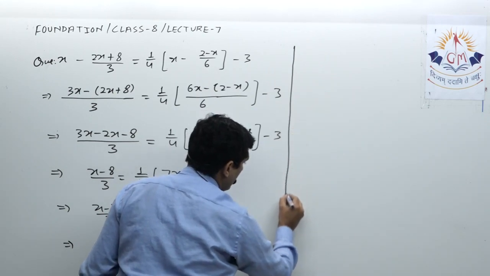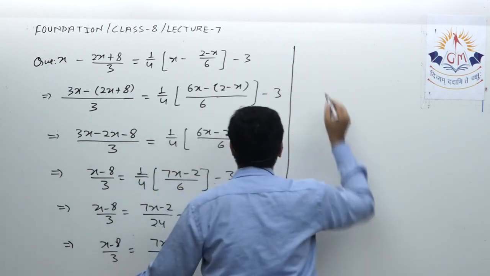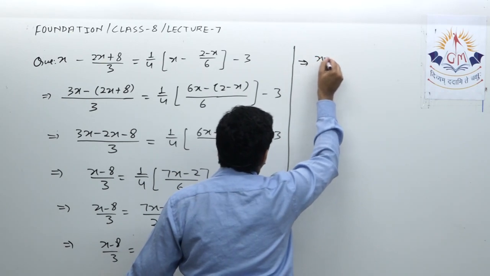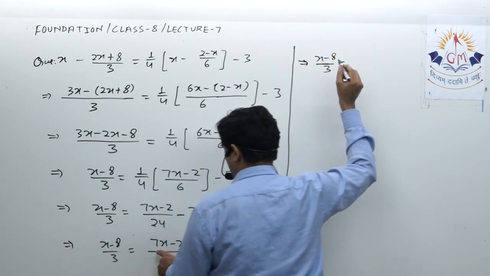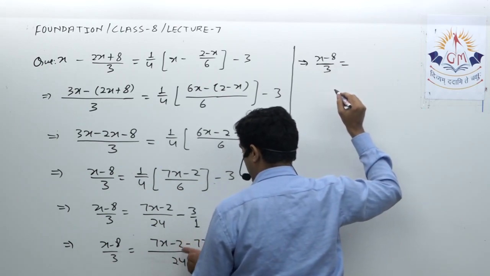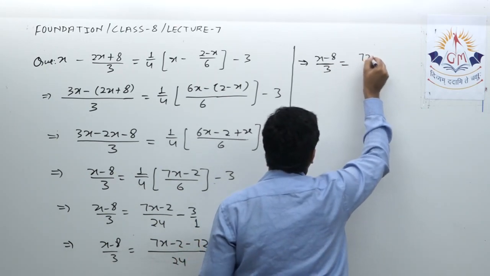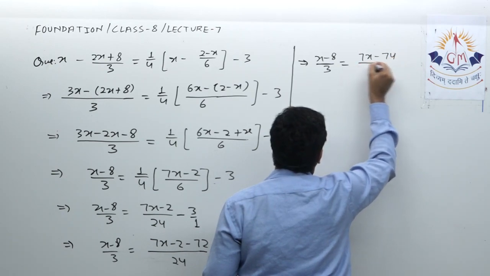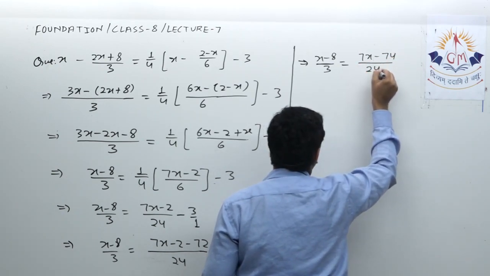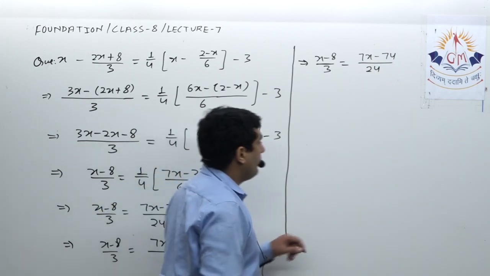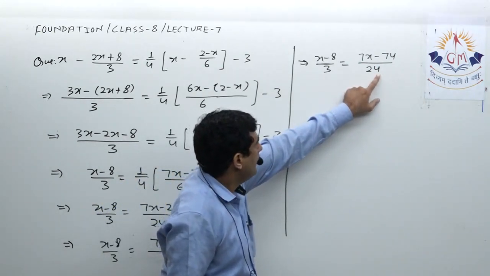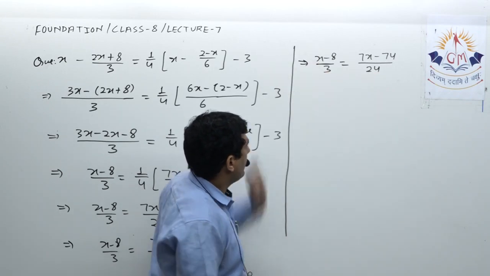Okay, so now we are almost at the end of the solution. Now x minus 8 by 3 is equal to 7x minus 2 minus 72, that is (7x minus 74) upon 24. Now it's turn of cross multiplication, but before I go for the cross multiplication, I'll take just this 24 over here.